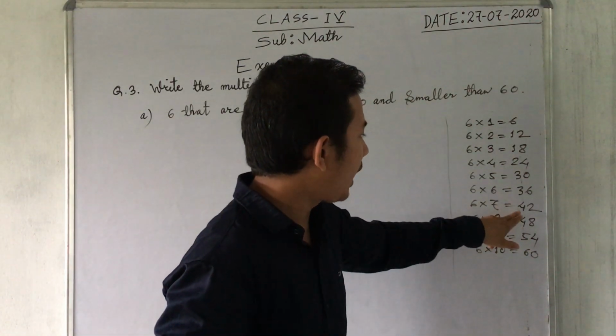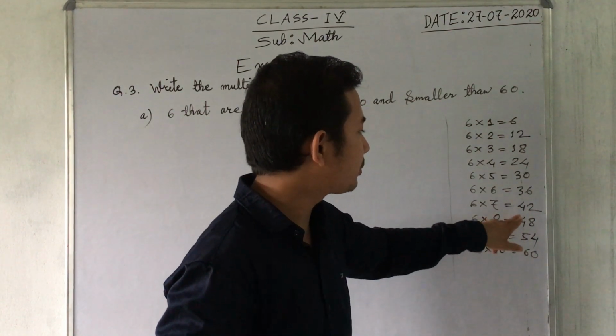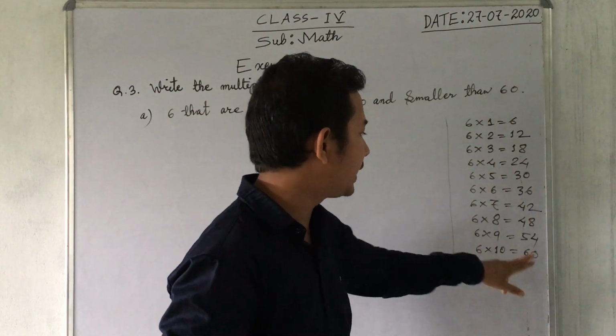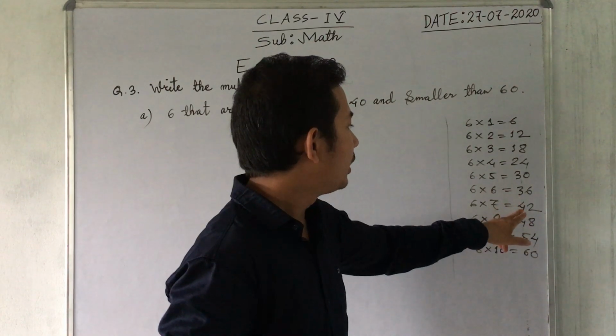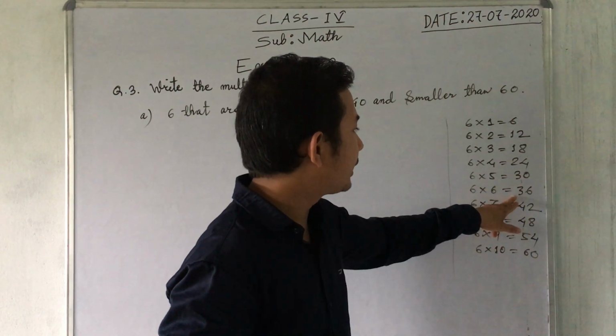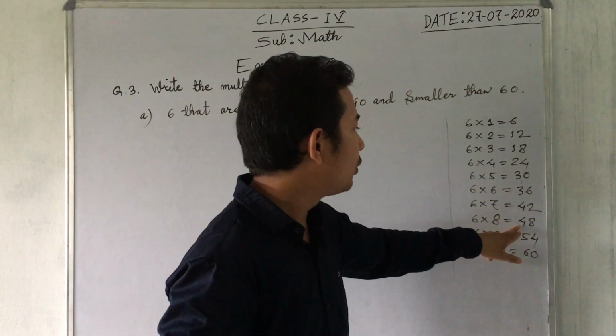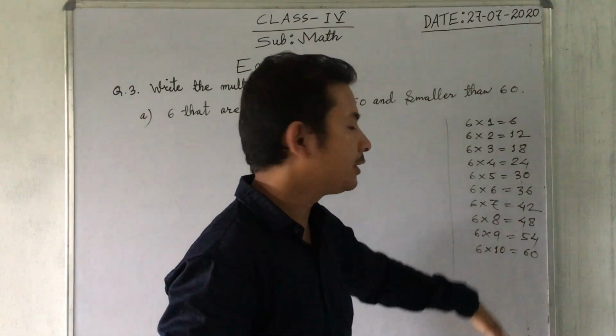So these all are multiples of 6 greater than 40 and smaller than 60, because after 40 there will be 42, 48, 54 and then 60.